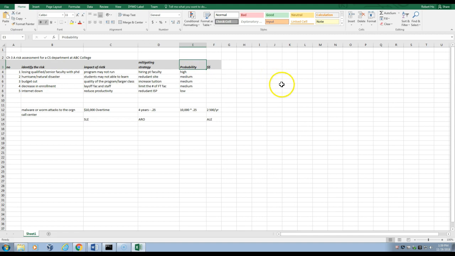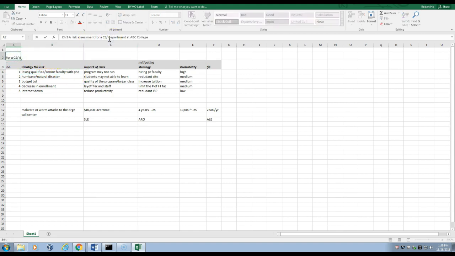In this example, I will provide you with a case: the risk assessment for a computer science department at ABC College. The first one is losing qualified or senior faculty with a PhD.